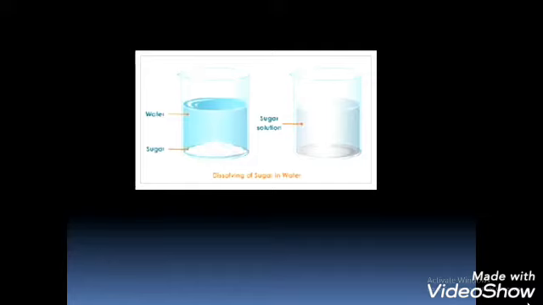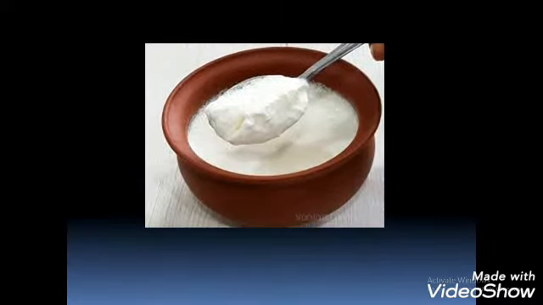For example, your mother may ask you to dissolve sugar in water to make a cold drink. Making a sugar solution is a change. Similarly, setting curd from milk is a change.